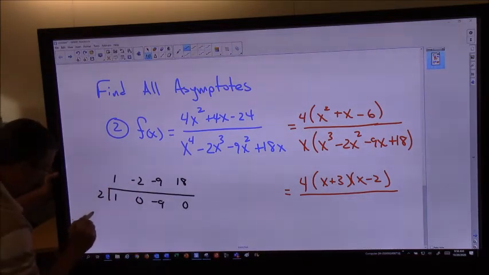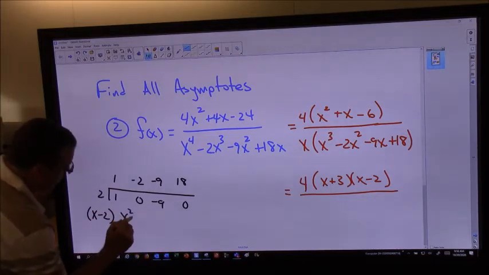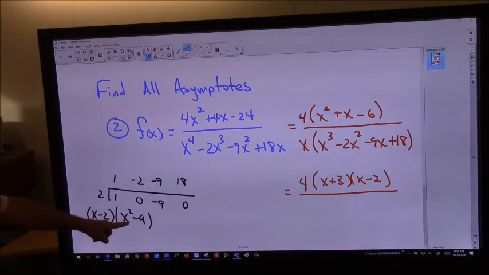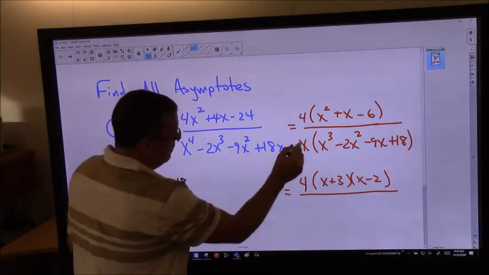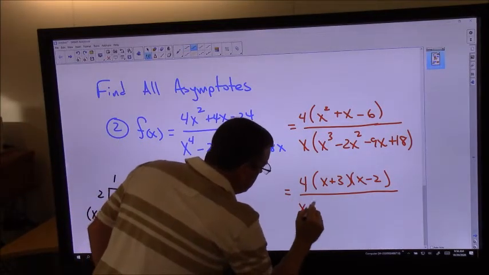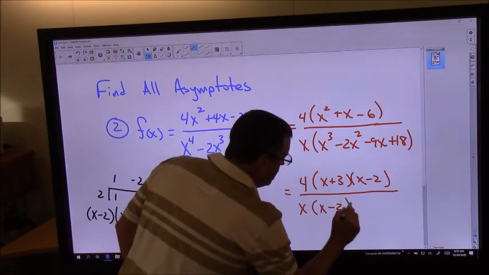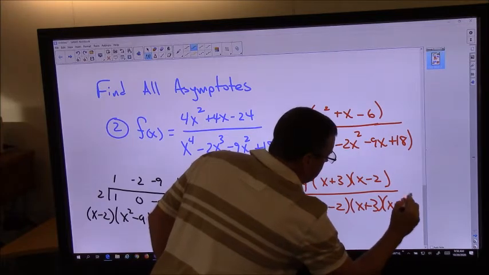So that means that this factor is going to be x minus 2. And here I've got x squared minus 9. And so now I know that's x plus 3 and x minus 3. So here are my factors. I had this x to begin with, and then x minus 2, and then x plus 3 times x minus 3.